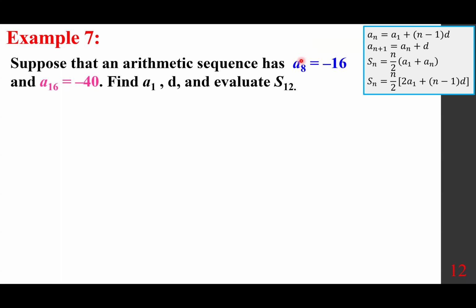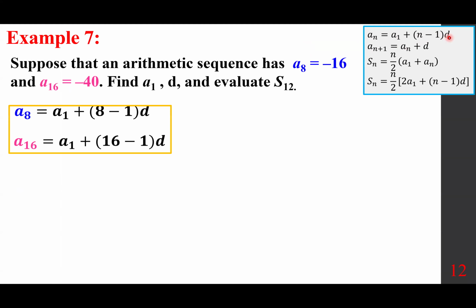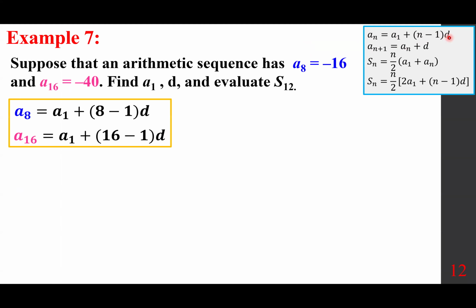What are the two equations? Well, for A sub 8, we are going to go with this formula, everybody. We're going to write A sub 8 as A sub 1 plus 8 minus 1 times D. And A sub 16 is A sub 1 plus 16 minus 1 times D. So this is A sub 8 according to that formula, and this is A sub 16.